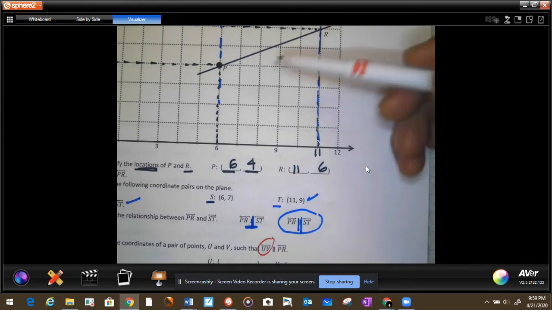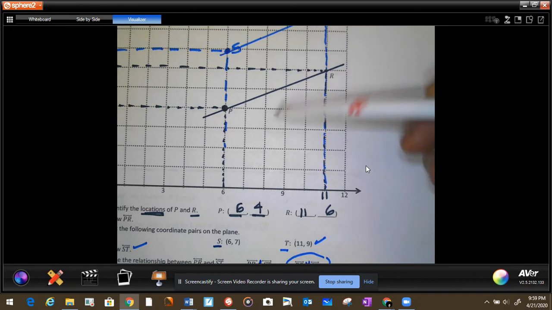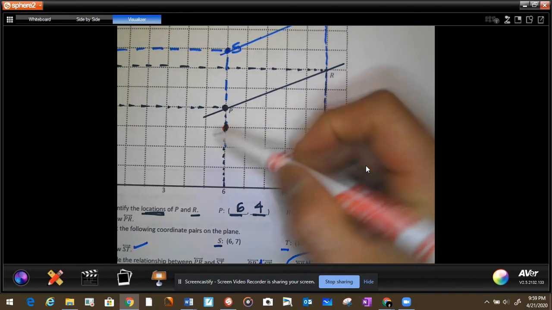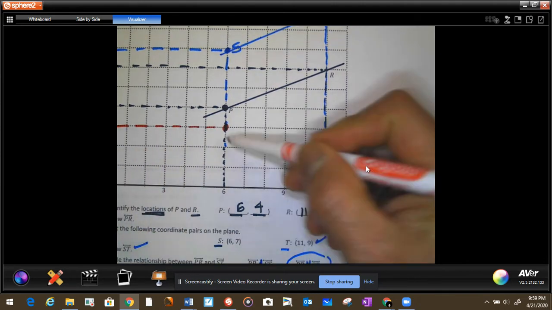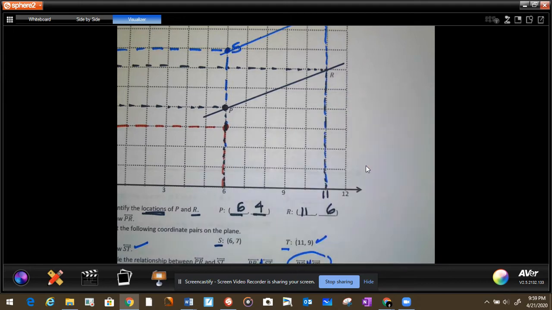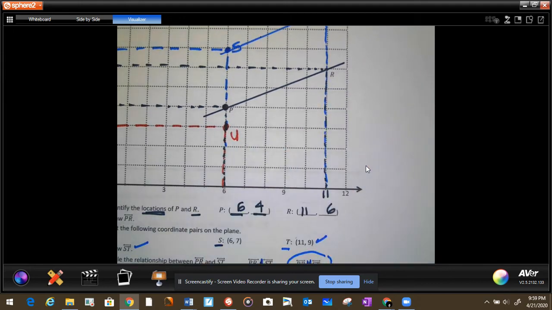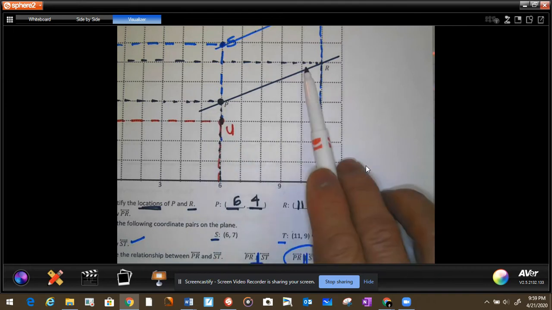So the way we do this, it's exactly the same way I showed you how we found the parallel line. We can just go down one, and we can just find where X and Y meet, and we're going to call that point U. This is going to be U, the point U. And we have to find V. So again, V has to be placed to make it parallel to this line.